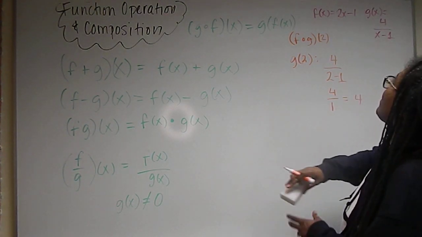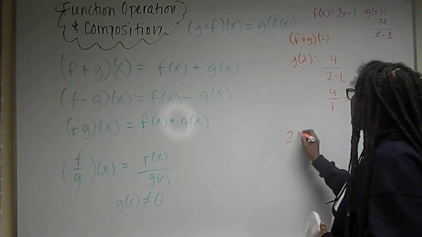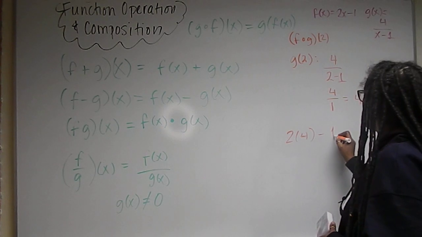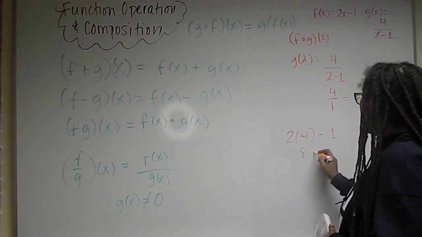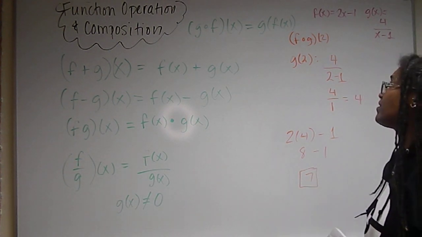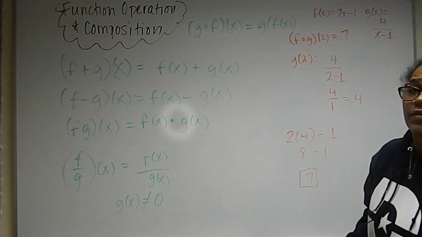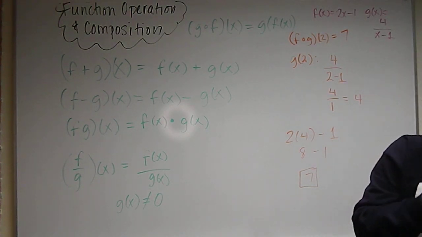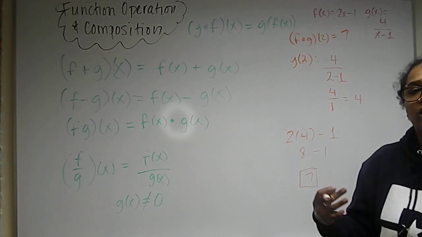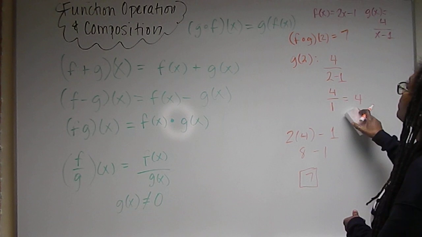So now, since we know f of x is 2x plus 1, 2 times 4 is 8, plus 1, 7. Okay? So f of g of 2 is equal to 7. I know it seemed like it was going all over the place, but when you do it step by step, we found g of 2 first.